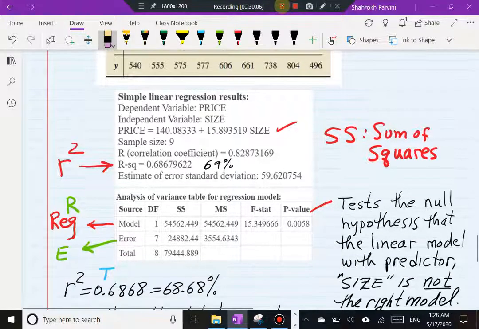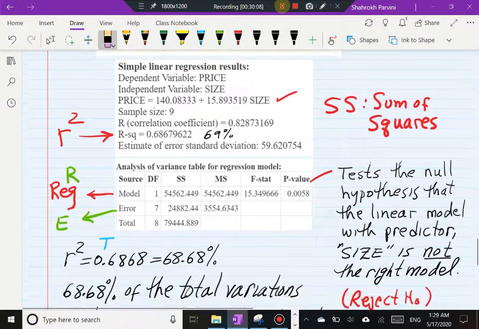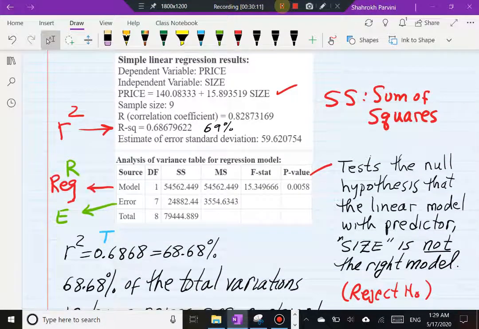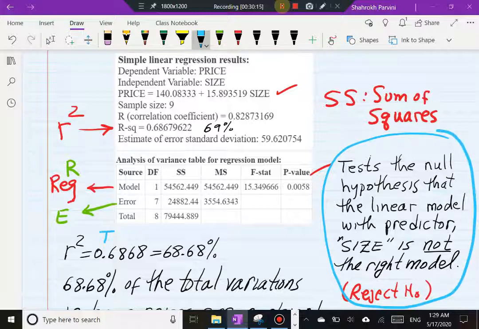Now, one thing I have here, I'm looking at this side of the screen right now. Anytime you see a p-value in any output in your lifetime, it means the output is testing a hypothesis.